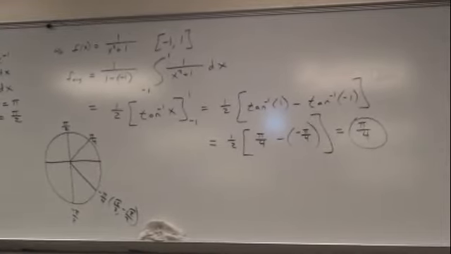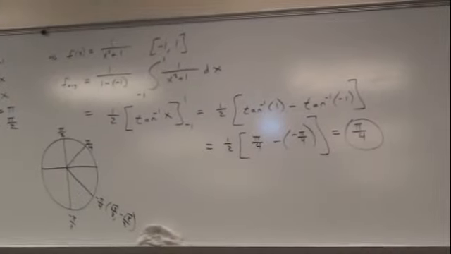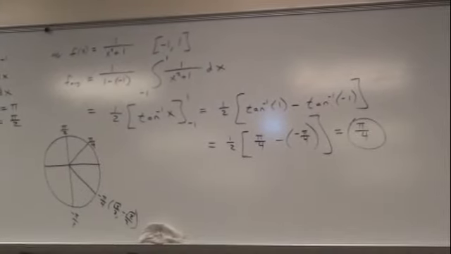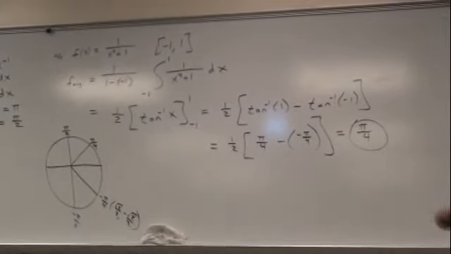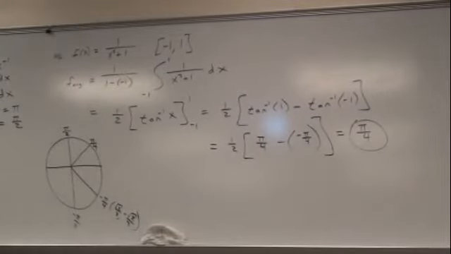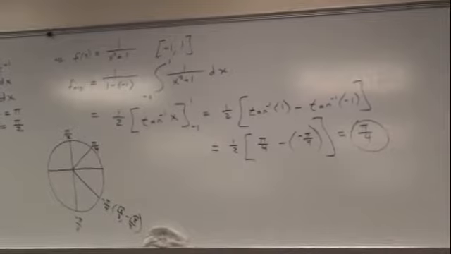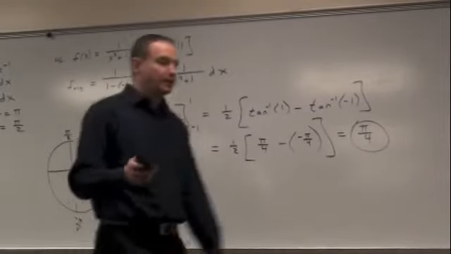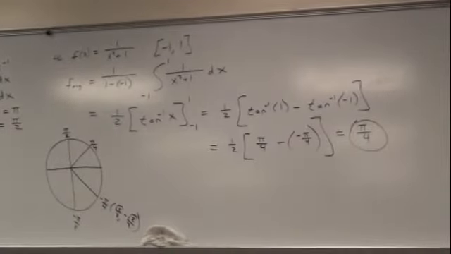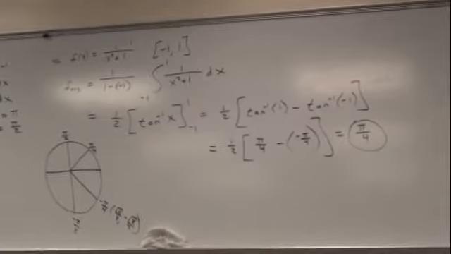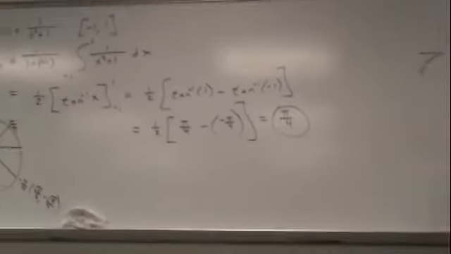Now, I'll probably better erase the whole board for 6-3. 6-3, quite often people think, is the hardest section that we encounter throughout the year, especially if you have trouble visualizing things.